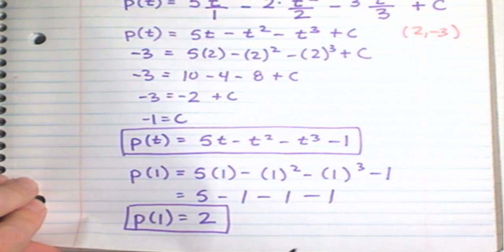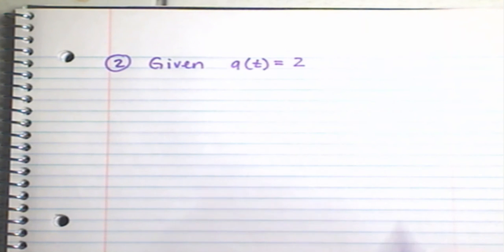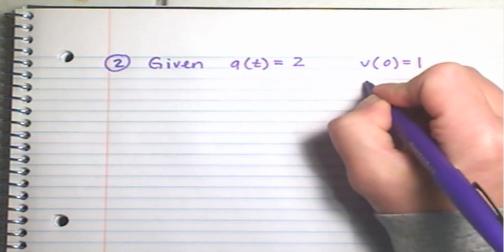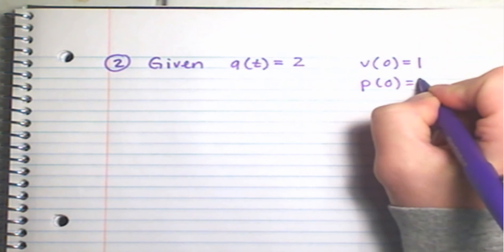All right, I'm going to do one more example for you here. Let's say, given A of t equals 2, and velocity of 0 equals 1, and position of 0 equals 3.